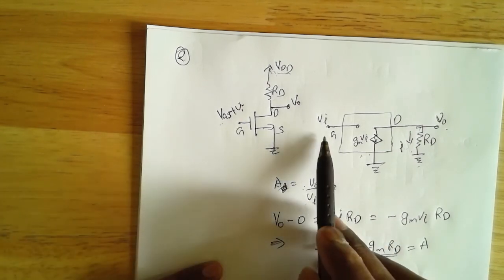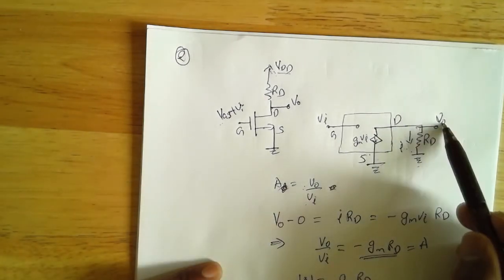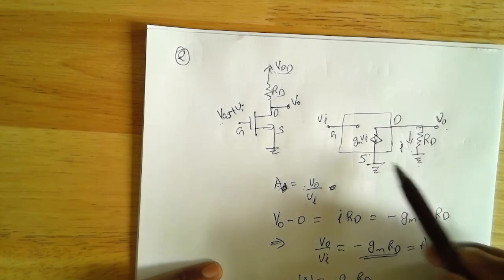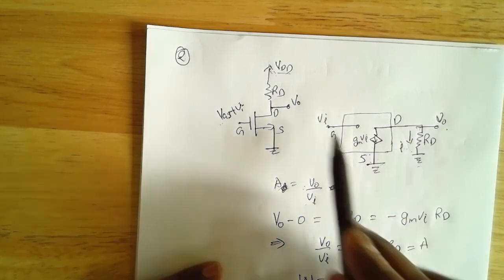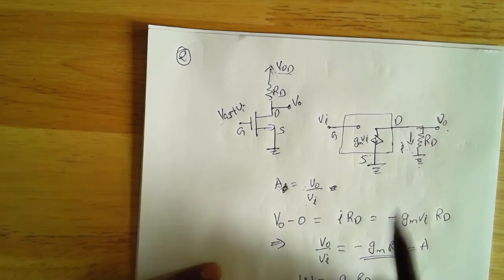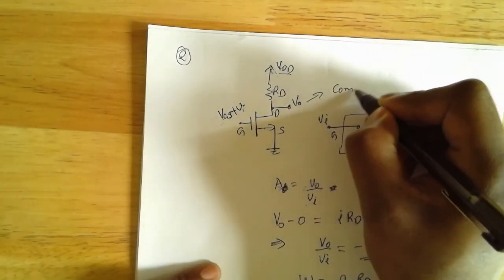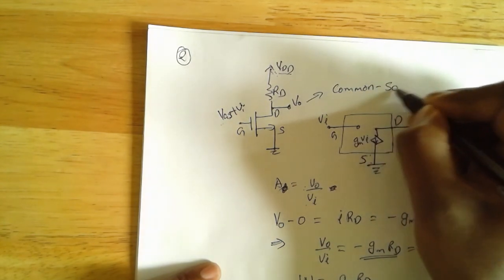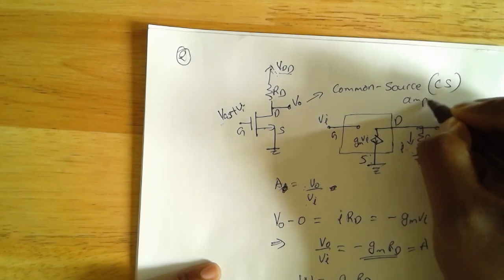So you're applying input between gate and the source, and you're looking at output between the drain and the source, because VO is the voltage of the drain, right? So input is between the gate and the source. The output is between the drain and the source. So what's common to input and output is the source, right? So this is why this is called the common source amplifier.